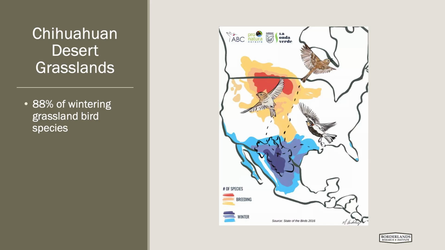And what I like about this graphic is that this little black squiggly outline is the Chihuahuan Desert. And right pretty much where we're sitting right now is where they've put the X as kind of the heart of the wintering grounds. So nearly 90% of our grassland obligate birds that live in North America are spending the winter here in the Chihuahuan Desert. So our grasslands are vital for a large number of these species.